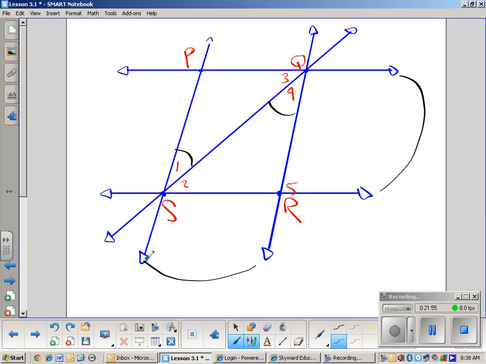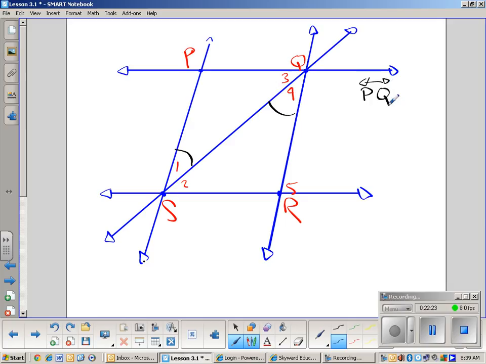Can you name this top line for me? How do we name that? Anybody? Go ahead, Hunter. Segment PQ. Okay. Since we're talking about a line, we're going to use a line symbol. And so we're going to say line PQ.